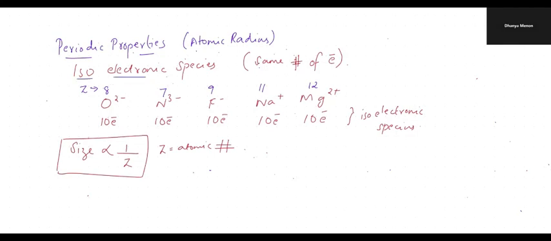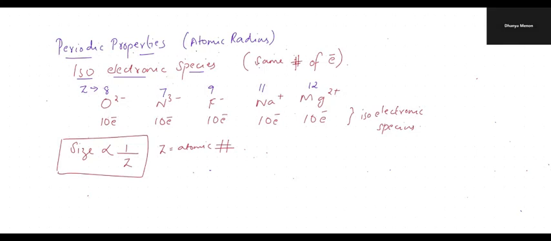Now, if we have to arrange these elements according to their sizes, what do we do? The size is inversely proportional to atomic number. So whichever ion has the greatest atomic number will have the smaller size.